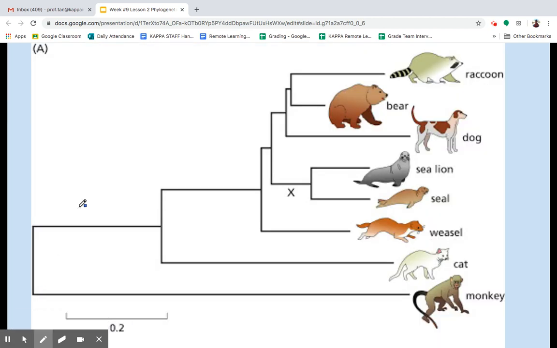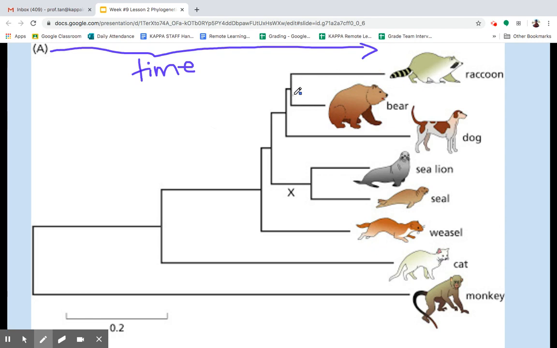Okay, so here's our first example of a phylogenetic tree. And when we read it, we read along an axis of time. So time is increasing from left to right. So what's going on here?